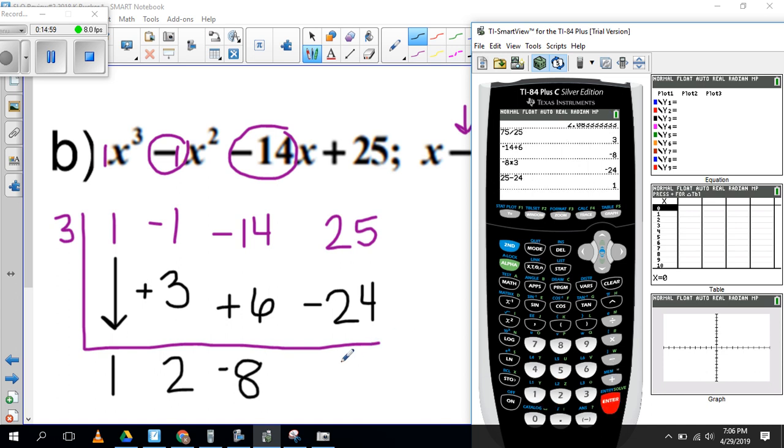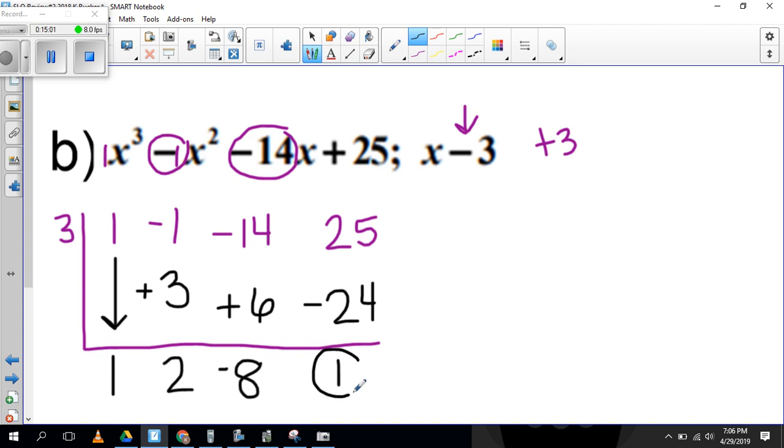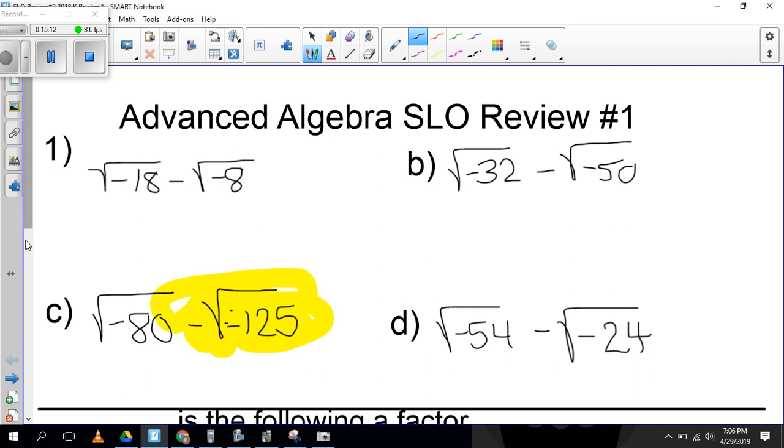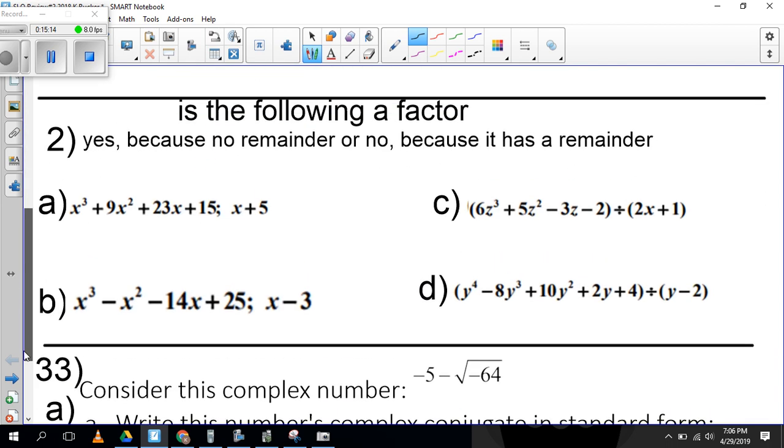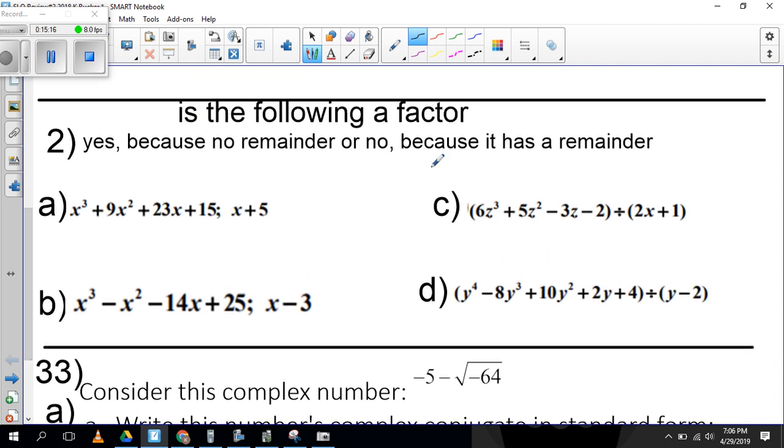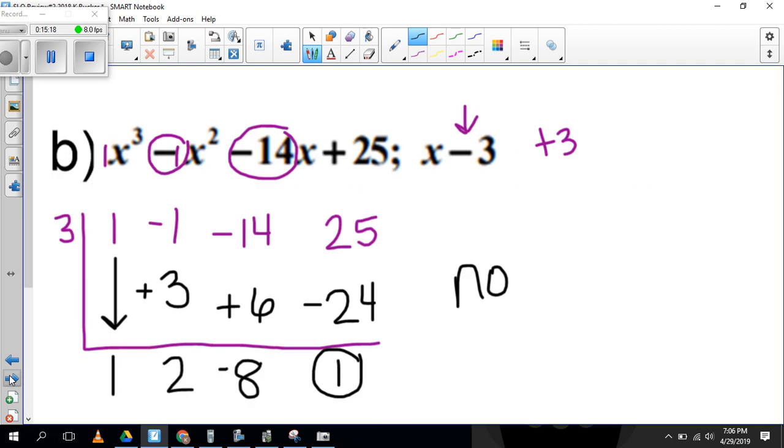We get a 1. So we look, now we don't have any more numbers. Our last number is a 1. So is it a 0? No. So it is not a factor because it has a remainder. So no, because it has a remainder, or no, because it's not 0. Okay?